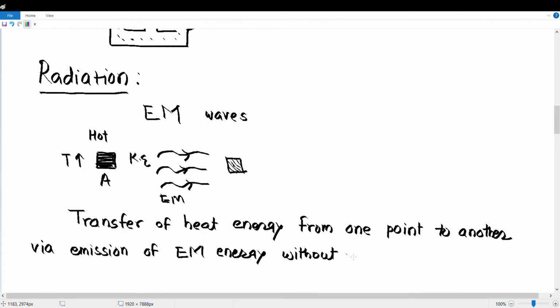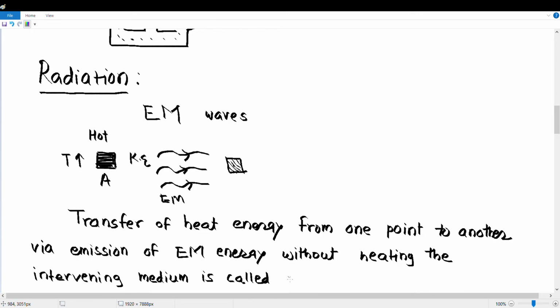Without heating the intervening medium is called radiation.